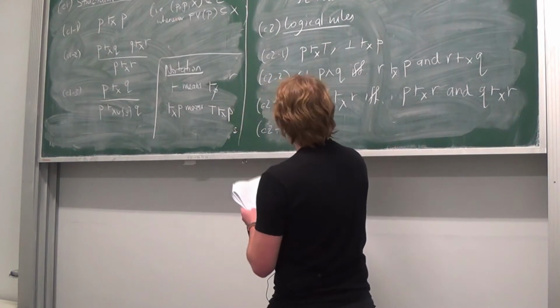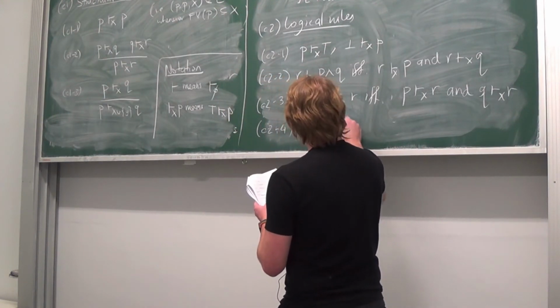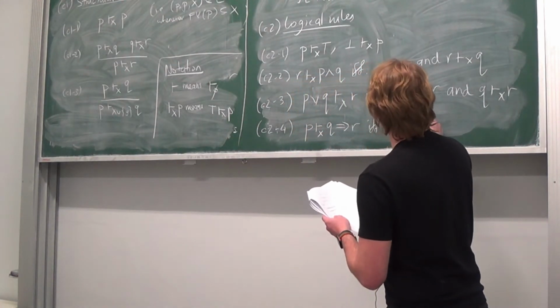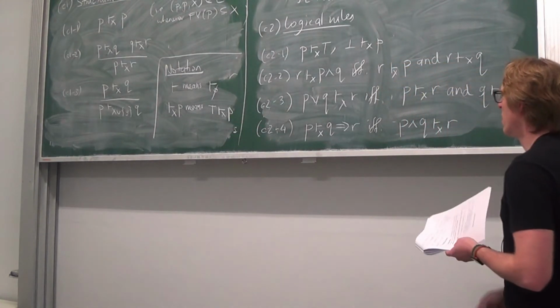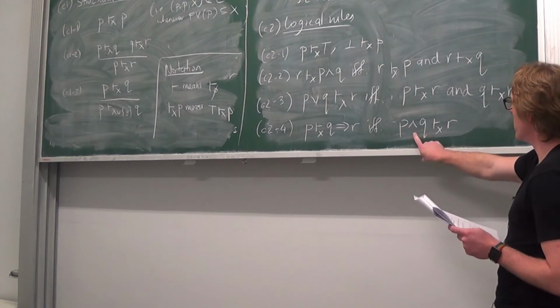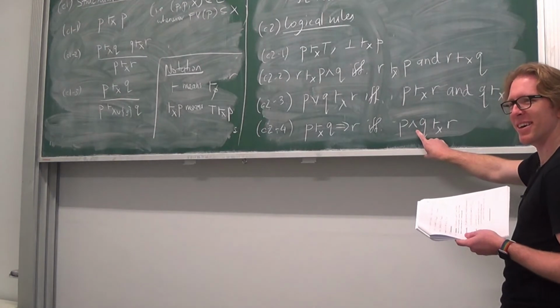C24 says that P entails Q implies R should be the same as P and Q entails R. The problem is I don't know how to show that P and true entails P and vice versa.